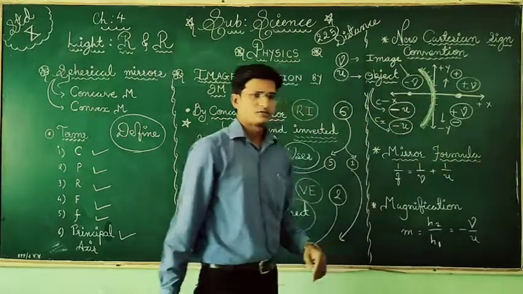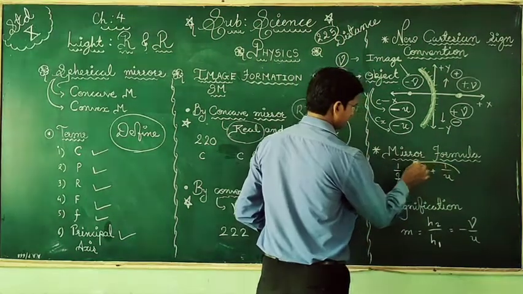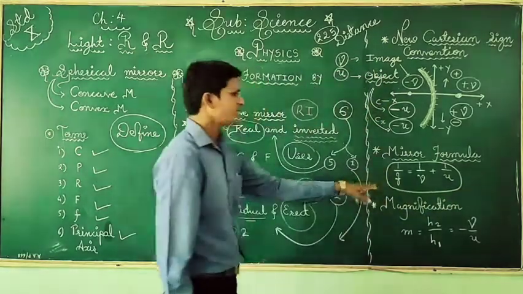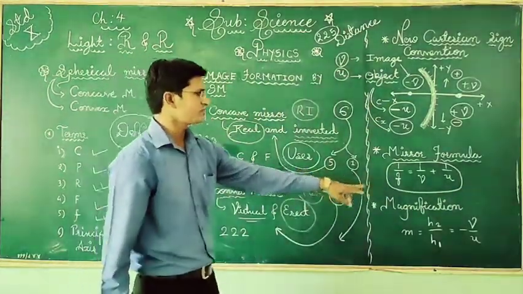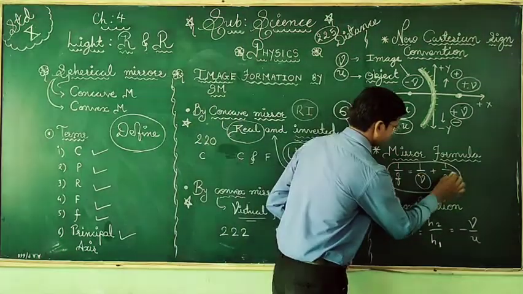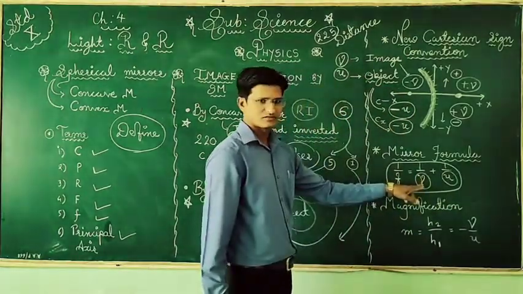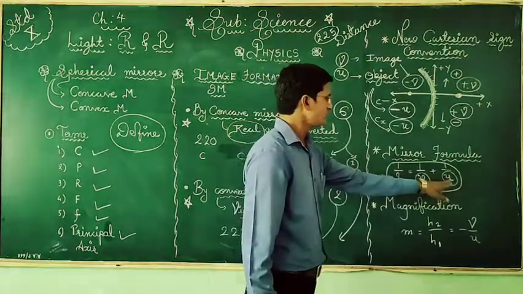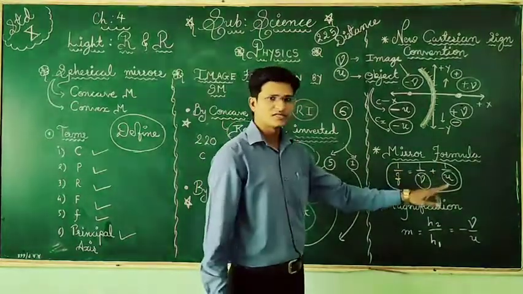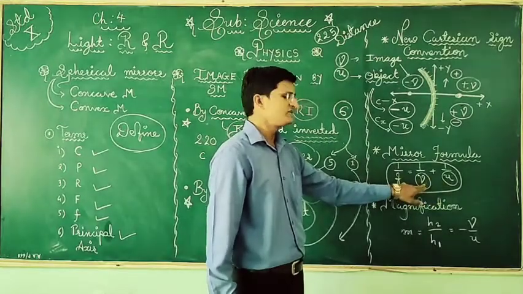Mirror formula: you have to remember this one. This is the mirror formula: 1 upon f is equal to 1 upon v plus 1 upon u. Here v is the image distance, the distance of the image, and u is the object distance. Once again, u is the object distance and v is the image distance.